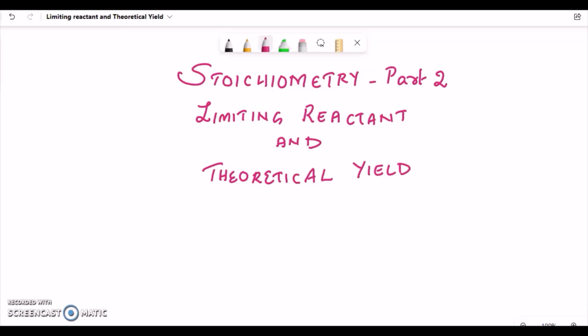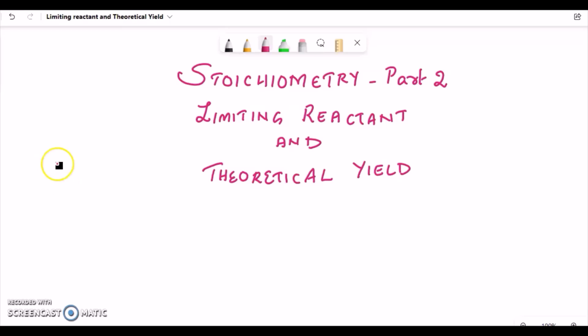So mole ratios are useful for converting the amount of any substance to any other substance between two substances in a chemical equation. In this part we will see another aspect of stoichiometry, that is limiting reactant and theoretical yield.